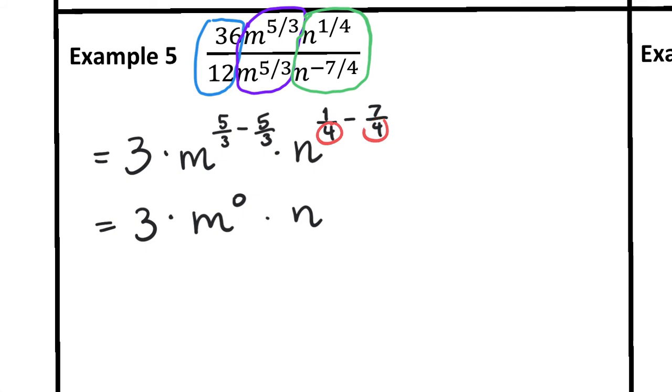This part over here, it's a negative, minus a negative, so it's 1/4 minus a negative 7/4. So it's a negative 7/4. So that changes to 1/4 plus 7/4.